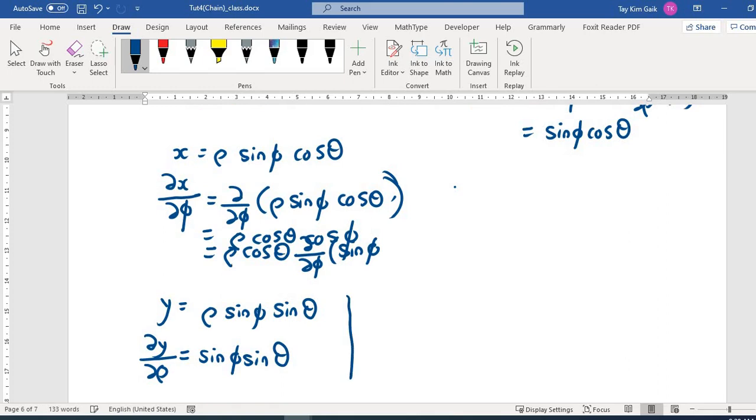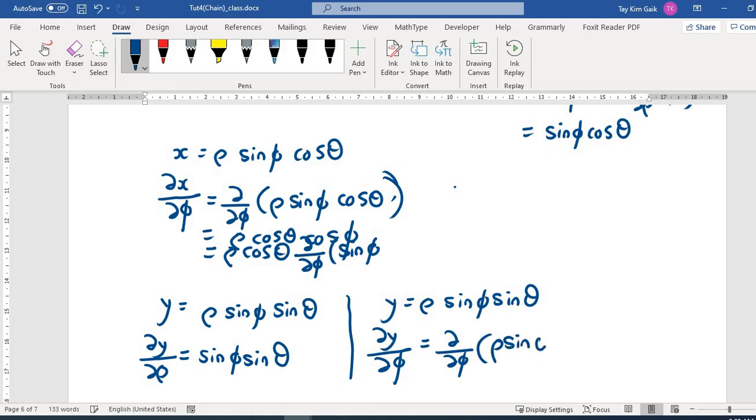And then from y equal to rho sin phi sin theta, you find del y del phi. It means del phi of rho sin phi sin theta.